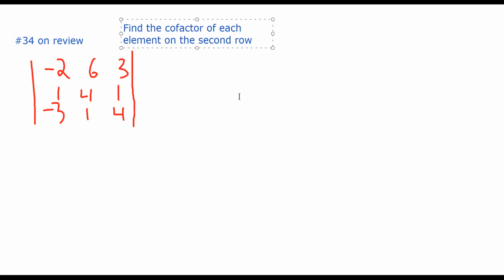So technically we didn't define what a cofactor was, but here's the skinny. It's actually just going to be part of the entire process that you've already worked yourself whenever taking the determinant of a 3x3 matrix.